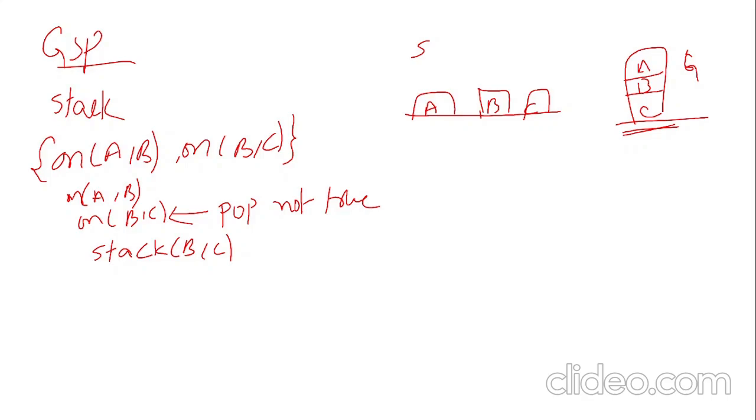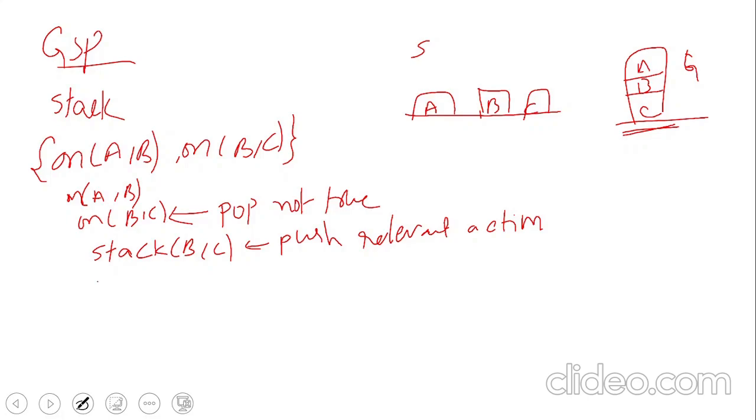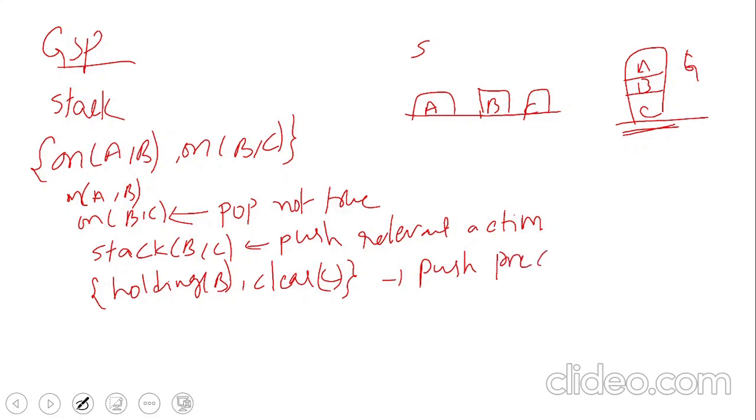So for stack B C we get this as the positive effect. So push the relevant action and the preconditions. What are the preconditions? Holding B, comma, clear C are the preconditions. Push the preconditions.